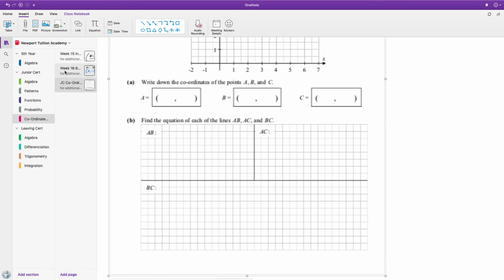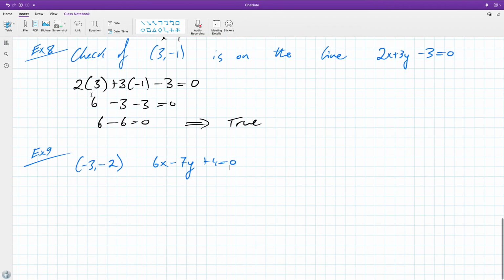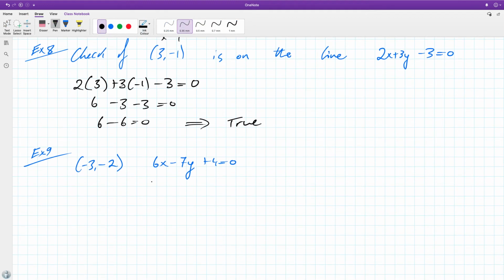Right, let's look at it so. I know we're doing a lot now today, lads, but it's all fairly basic. So 6 times x is minus 3, minus 7 times minus 2, plus 4, is it equal to 0? 6 times minus 3 is minus 18. Minus 7 by minus 2 is plus 14, plus 4 equal to 0.